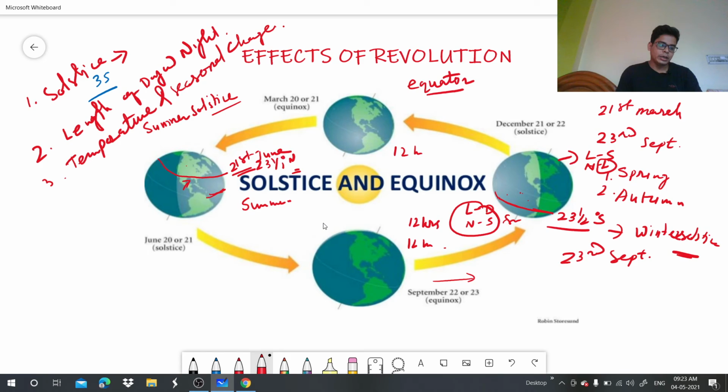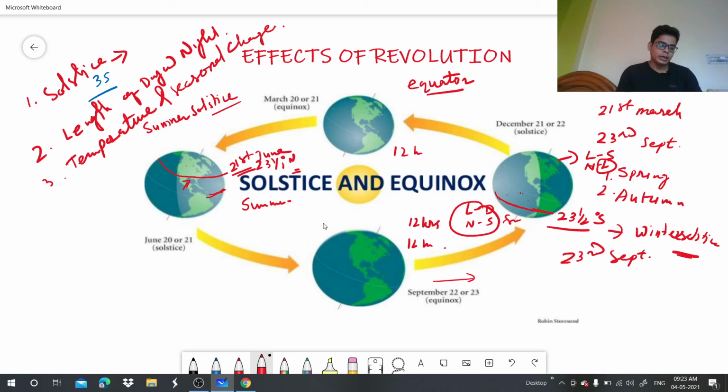These areas experience 6 months of day and 6 months of night. This area gets 6 months of day because the sun, as in the case of Norway, is always above the horizon.